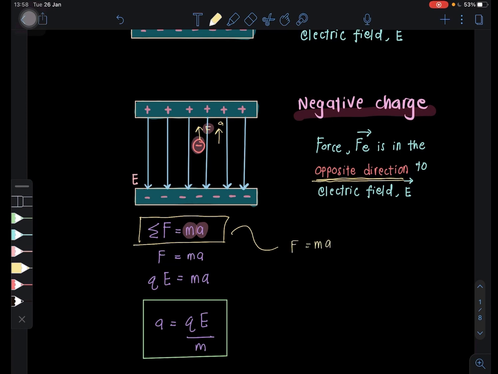And since we only have one force, and this force is the electric force, and remember the formula for electric force, F is equal to QE. So when we substitute that, QE will be equal to ma. So the acceleration of this charge will be equal to QE divided by m. We are going to use this formula in the case for the stationary charge.